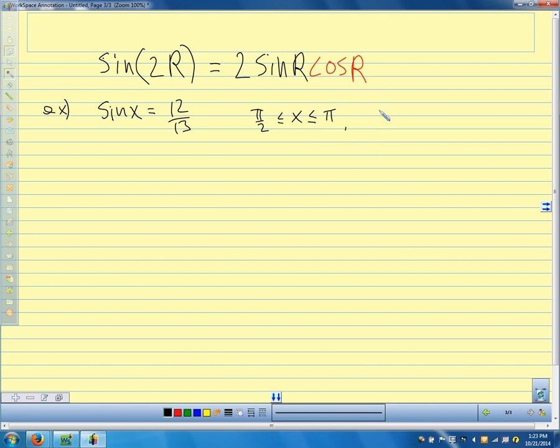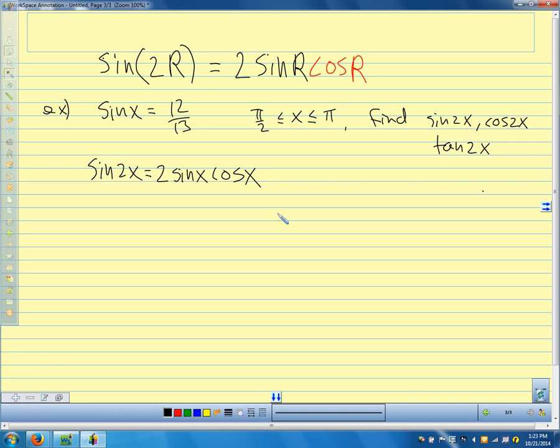And we want to find sine of 2x, cosine 2x, and tangent 2x. So we're looking for all of these double angle things. Let me write some formulas over here. We know that sine of 2x equals 2 sine x cosine x.